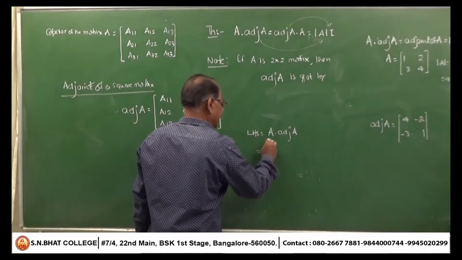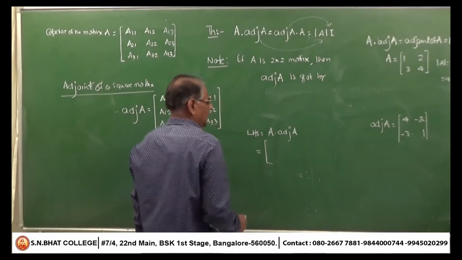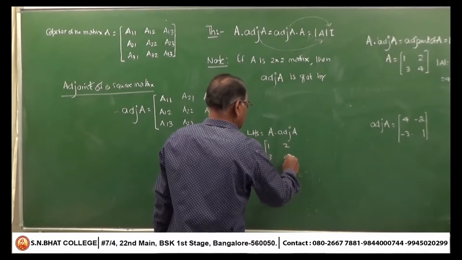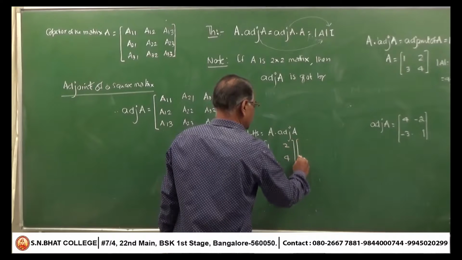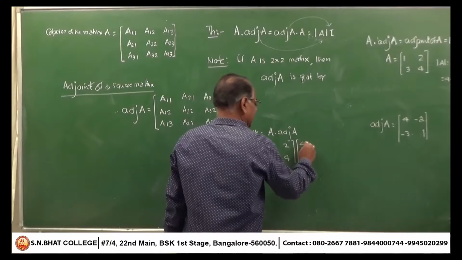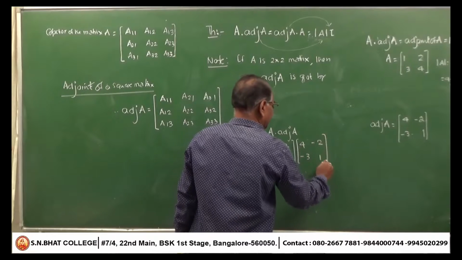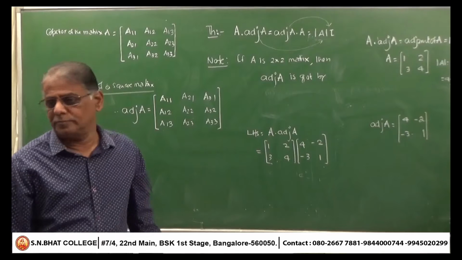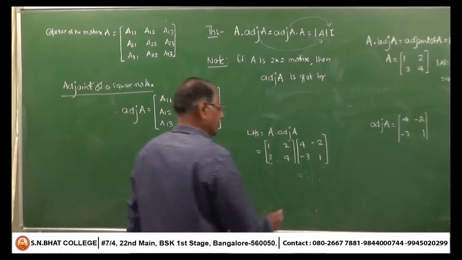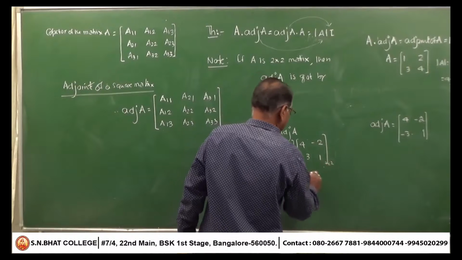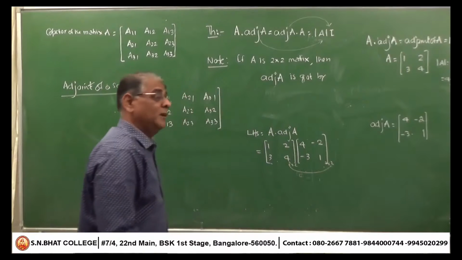Come to the left hand side. A is 1, 2, 3, 4 into adjoint A, which we have just calculated: 4, minus 2, minus 3, 1. This is a 2 cross 2 matrix multiplied by a 2 cross 2 matrix, so the resultant will be a 2 cross 2 matrix.